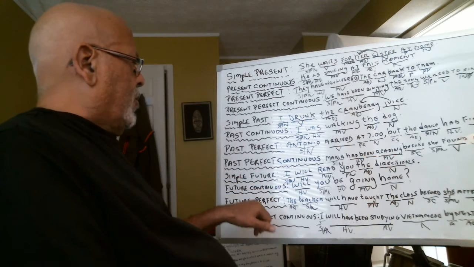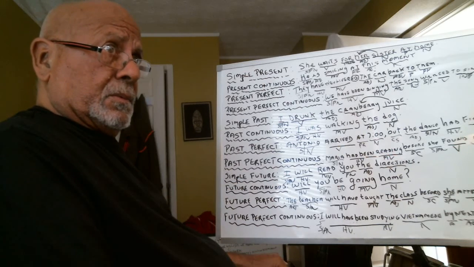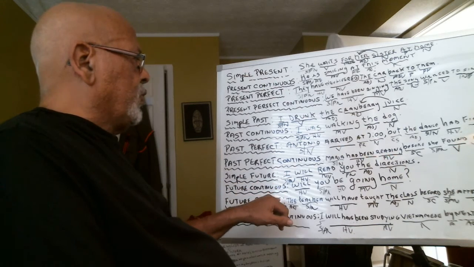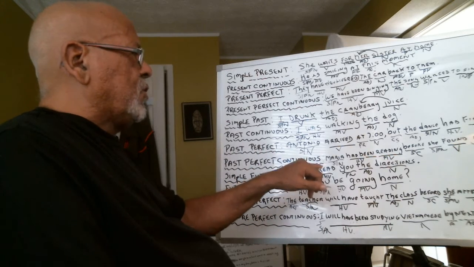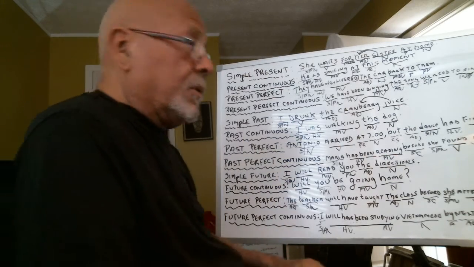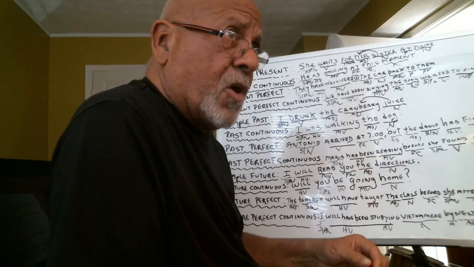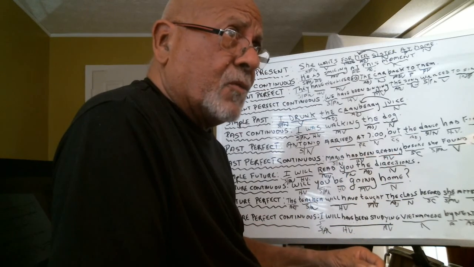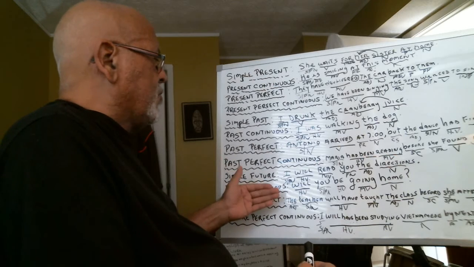So we also explored the future tenses. Simple future. I will read you the directions. Helping verb, will. Will is always going to be a helping verb in the future tenses. Future continuous.